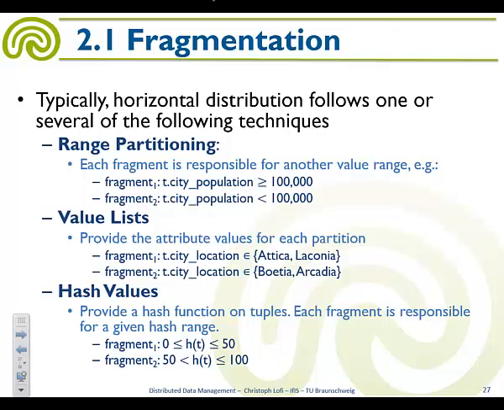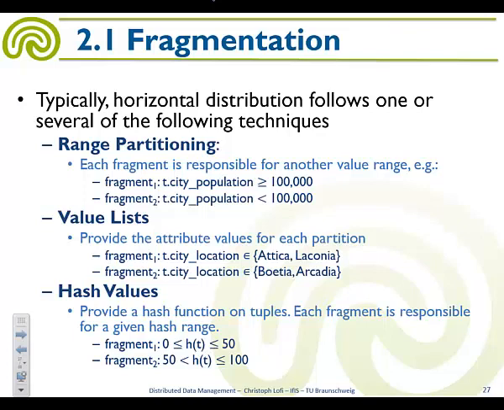But in order to do that, you need certain domain knowledge. And of course, this domain knowledge is very hard to come by automatically. So that's an administrator decision. Now, the range partitions and value lists are based on some attributes of the data itself.